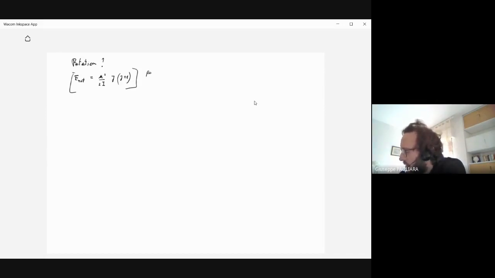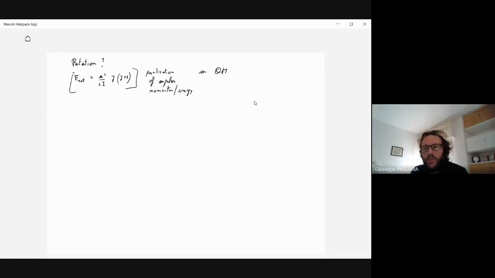So this is quantization of angular momentum, and therefore also energy, in quantum mechanics. So this must be compared with the standard formula for the rotation, which is 1/2 I omega squared, or if you want, the angular momentum squared divided by 2I.